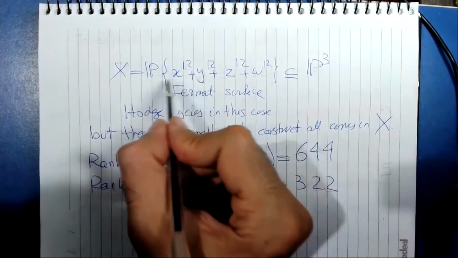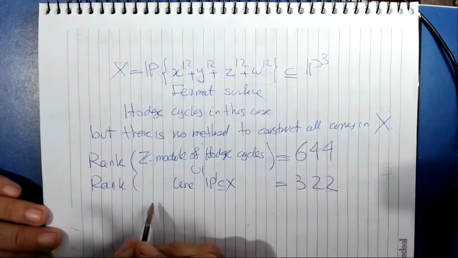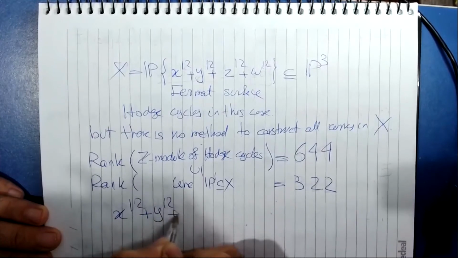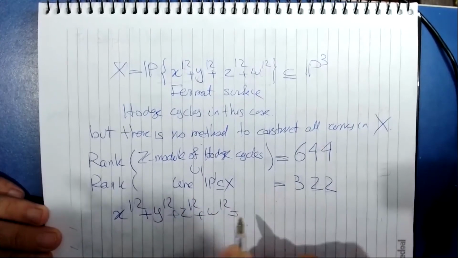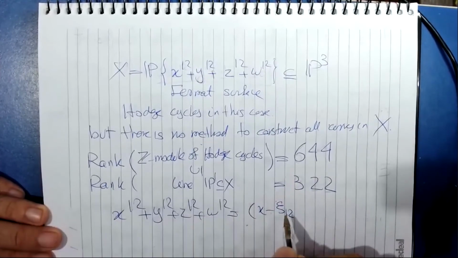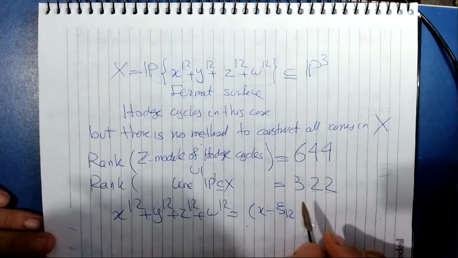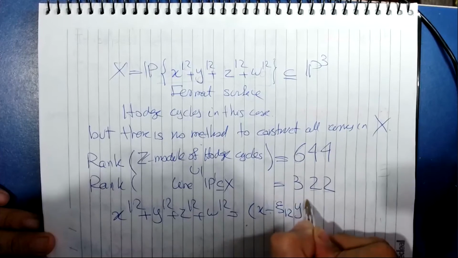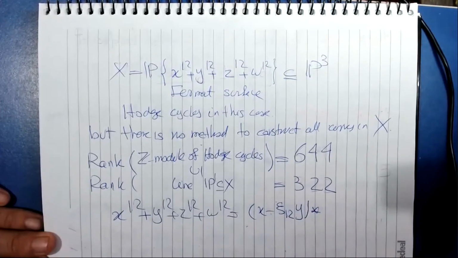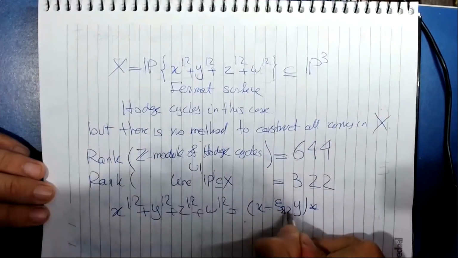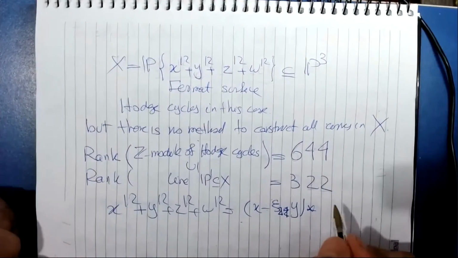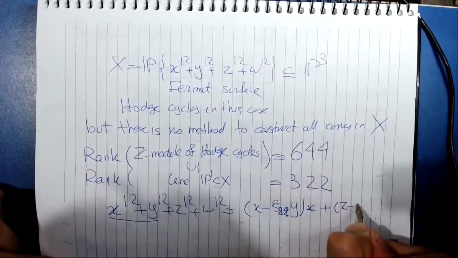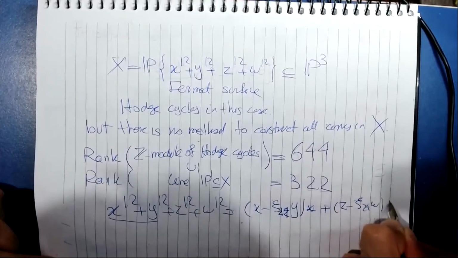So I have to mention that the Fermat surface has a lot of lines. For example, if you write X^12 plus Y^12 plus Z^12 plus W^12 in this format, X minus zeta_12, where zeta_12 is the 12th root of unity, then Y, blah, blah, blah. Actually here, it must be the 24th root of unity. So we can decompose this as X minus zeta_24 Y times X plus zeta_24 Y, plus Z minus zeta_24 W times another polynomial.